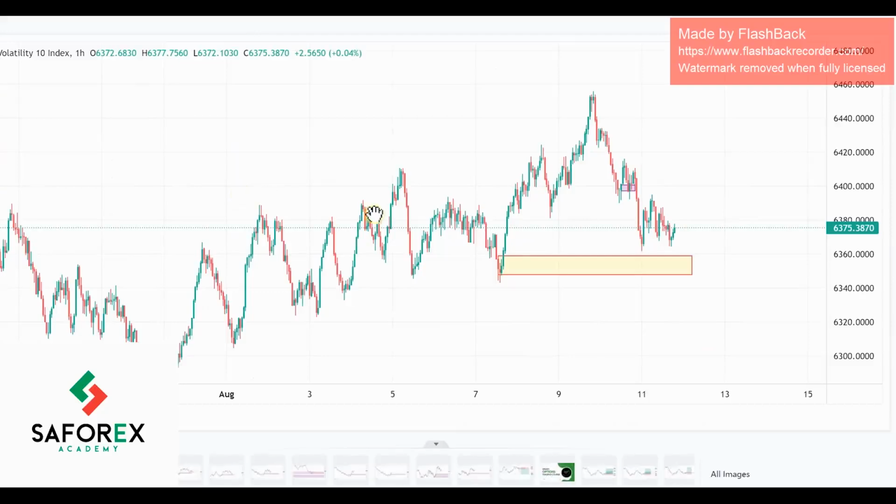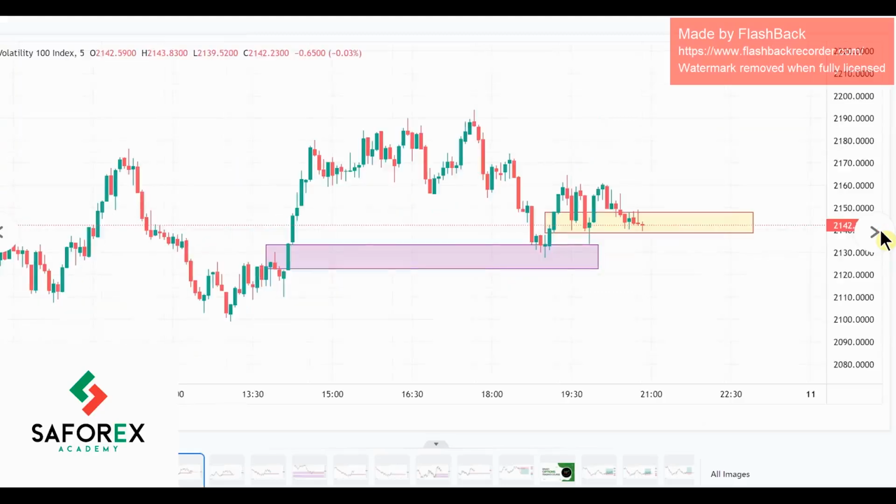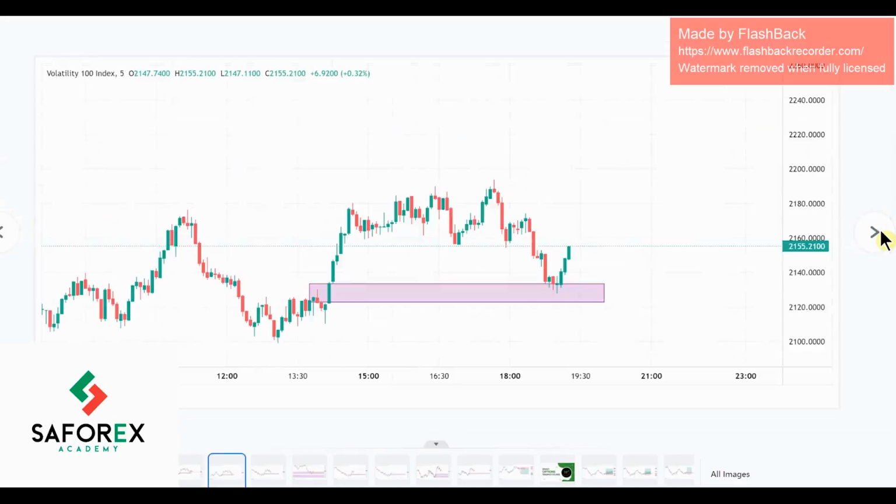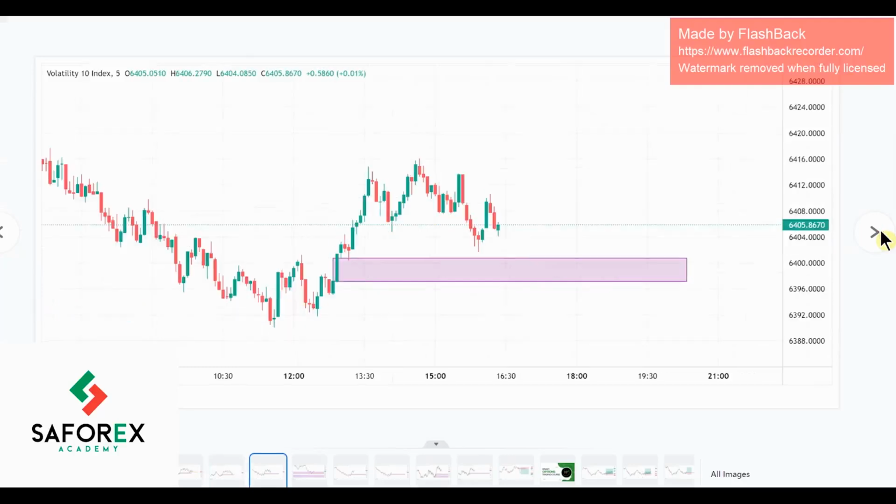Look at these, these are analyzed here. These are trades that I've taken before. So this is a trade.